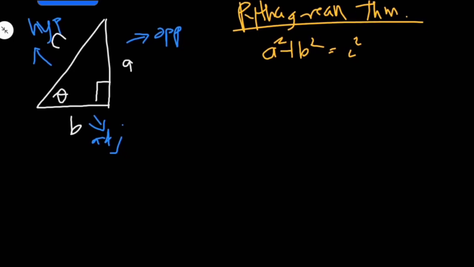Let us remember that sine theta is equal to opposite over the hypotenuse, or a over c. And cosine is equal to adjacent over hypotenuse, or b over c.